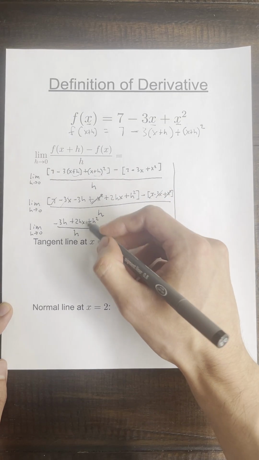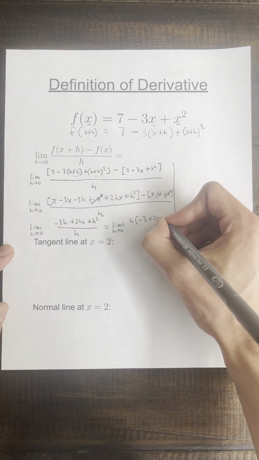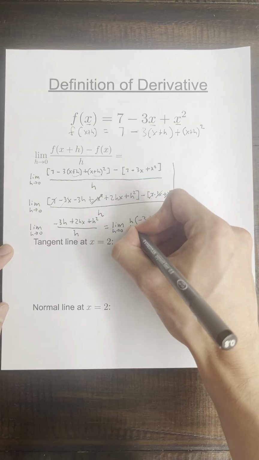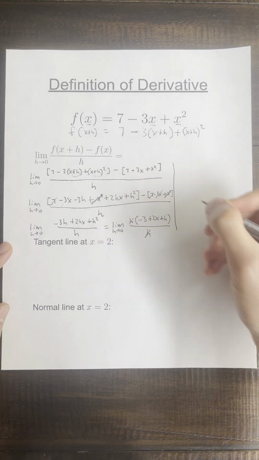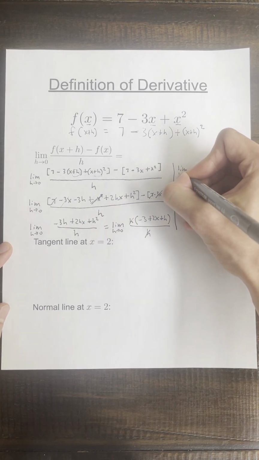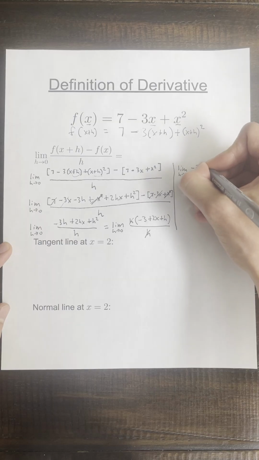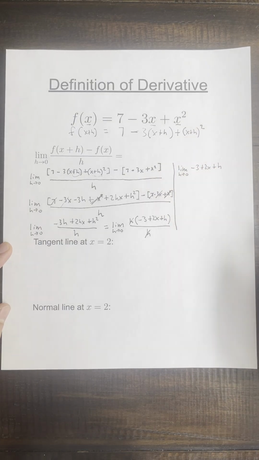And then h times how much is h squared? H. Okay, what can we cancel here? So what does this limit become? How do we calculate this limit?